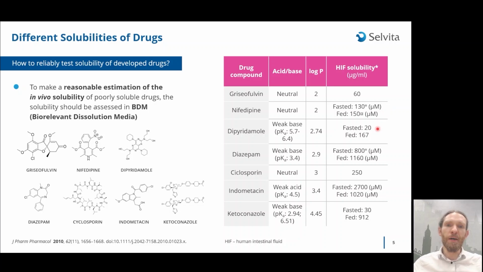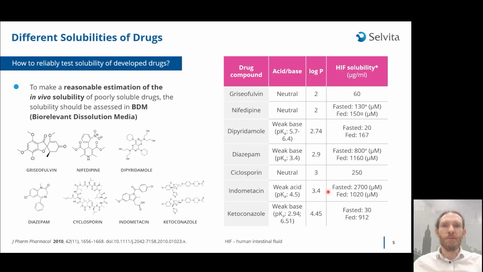Dipyridamole is a weakly basic molecule and already has 8-fold higher solubility in the fed state as compared to the fasted state. Diazepam is also a weakly basic molecule and shows slightly higher solubility in the fed state as compared to the fasted one. Cyclosporine is a neutral molecule and shows the same solubility in both fed and fasted state.